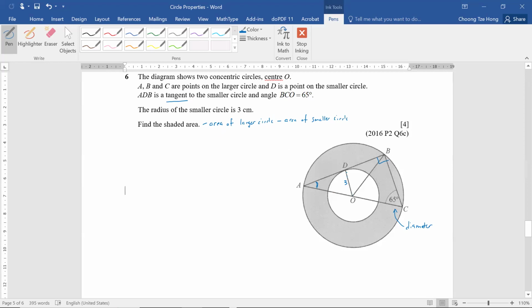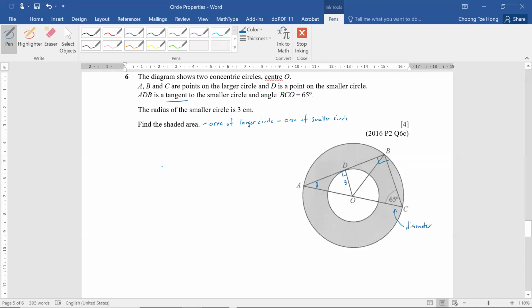OD is a radius and ADB is a tangent, so these two lines have to be perpendicular. So we know this is a right angle triangle, and OD is one side that we know. We want to find OA, so we should be able to apply a trigo ratio to get the answer. Let's go about writing out the solution.